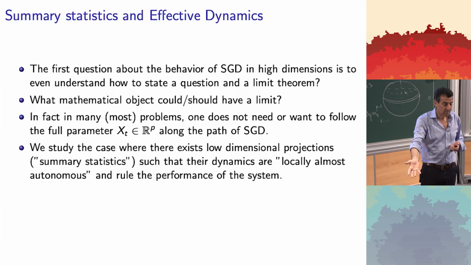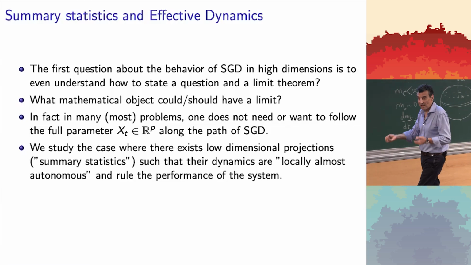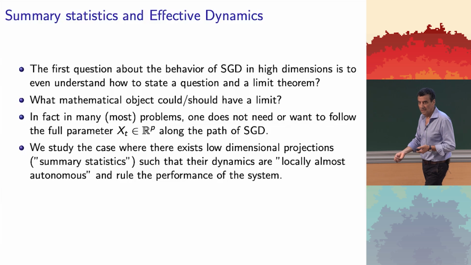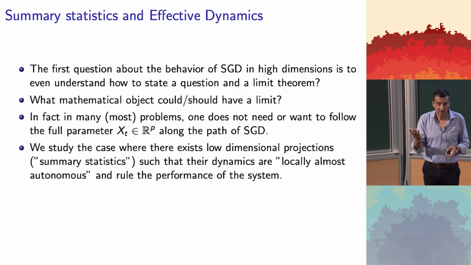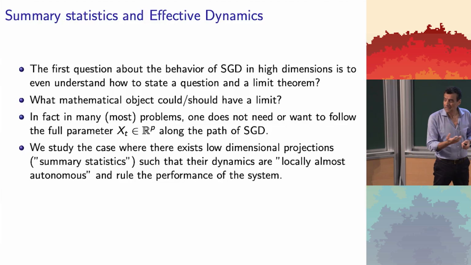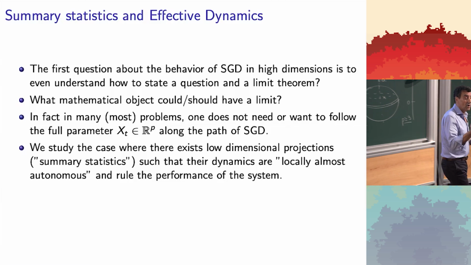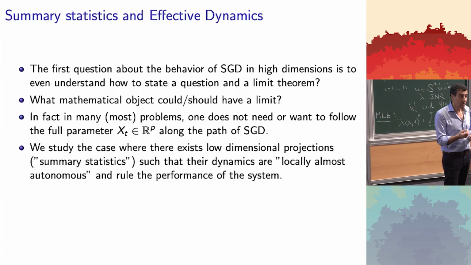You take an ODE and project it in lower dimension, you don't get an ODE. You all see that, right? Not sure. Okay. So in general, there is no reason for projections to be autonomous.